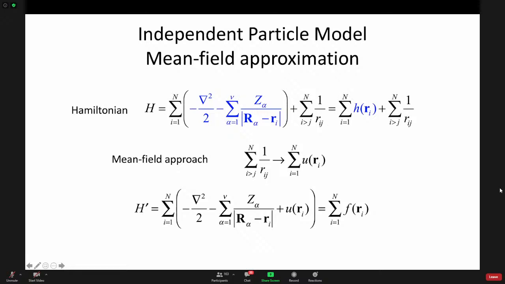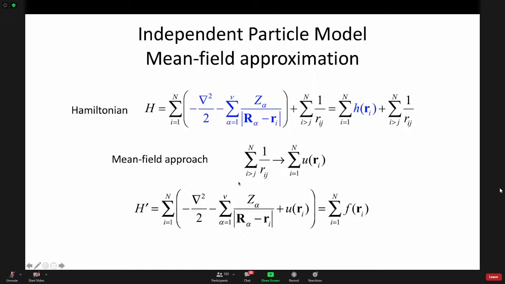So as a mean field approach, we make an approximation like this, which means we don't treat the pair interactions explicitly. What we do is assume that each electron feels an average field from all the other electrons.